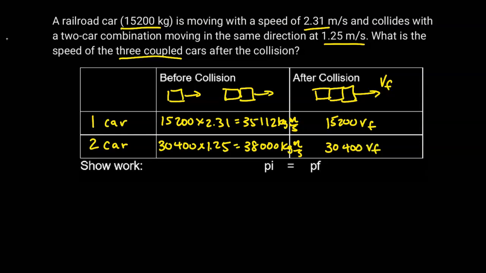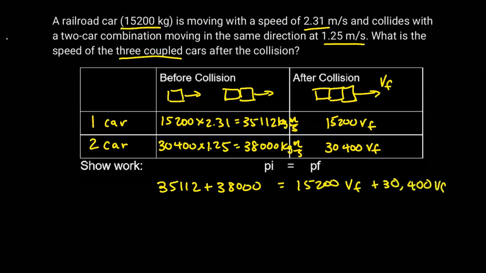Okay, so the next step is to add up all the momentum before the collision, and I'm going to write this down so you know how I'm getting this number. So we have 35,112 plus 38,000 is equal to, on the right hand side, 15,200 VF plus 30,400 VF.